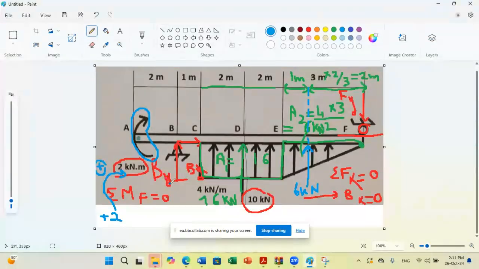Now, By is at a distance from F. This is the perpendicular distance from By to F. So it's 1 plus 2 plus 2, 5 plus 3, 8. So By is rotating about F in the clockwise direction, plus By times 8.